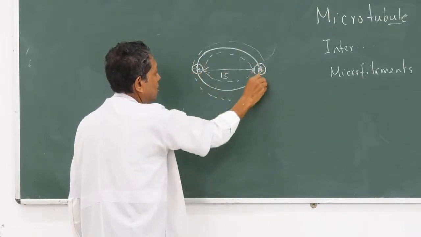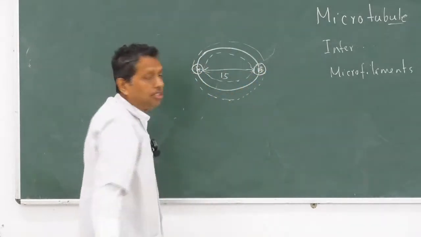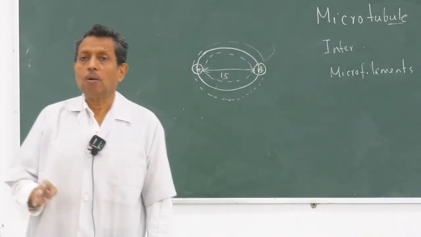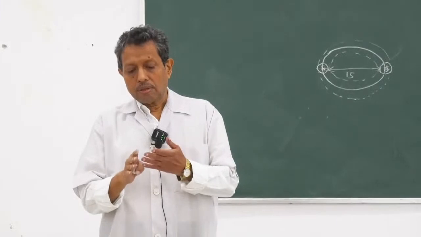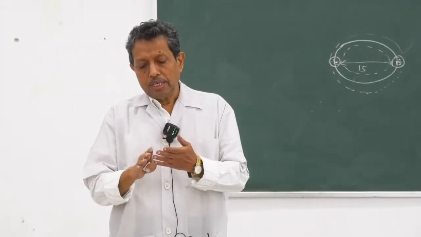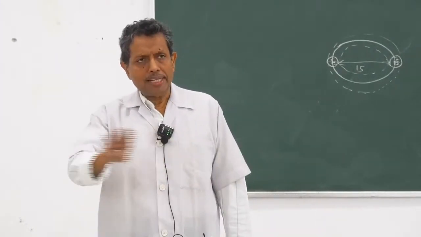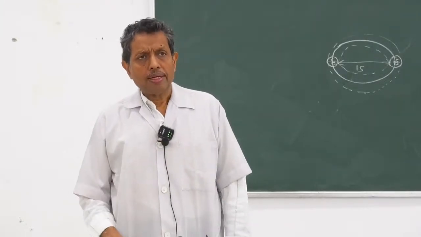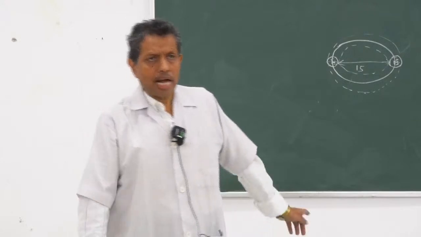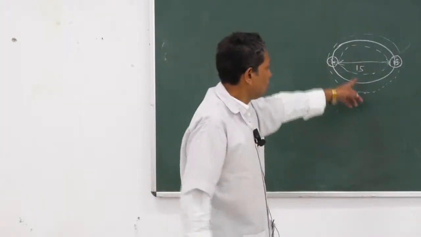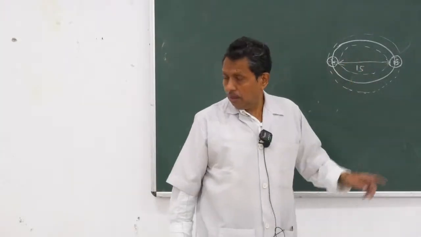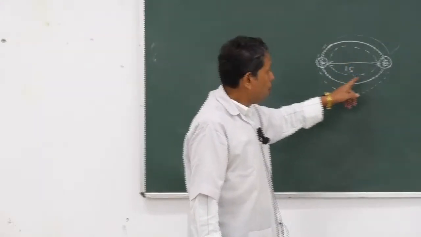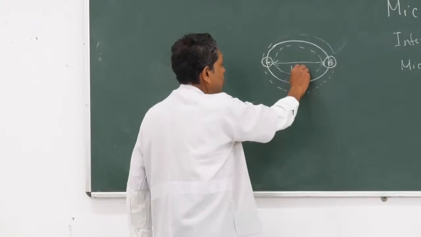Aggregation of these subunits forms them. They initially form a plate-like structure, and then they fold up, and there are 13 subunits, and there is the hollow structure, a hollow passage of 15 nanometer dimension.